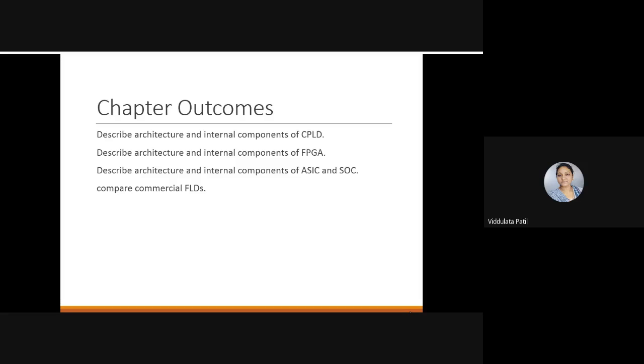Then, describe the architecture and internal components of FPGA. Third, describe the architecture and internal components of ASIC and SOC. And then compare these commercially available FPDs.